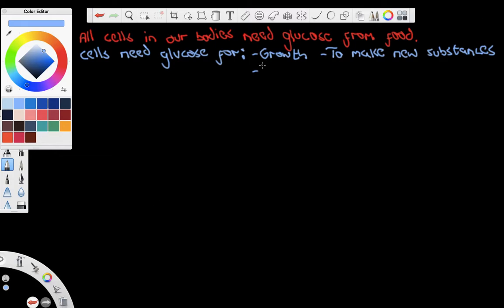And that brings us to our first key word today. Our first key word is the term respiration. Now, respiration is a chemical reaction that releases energy from glucose.